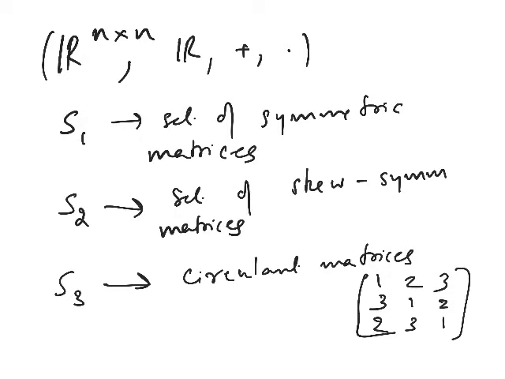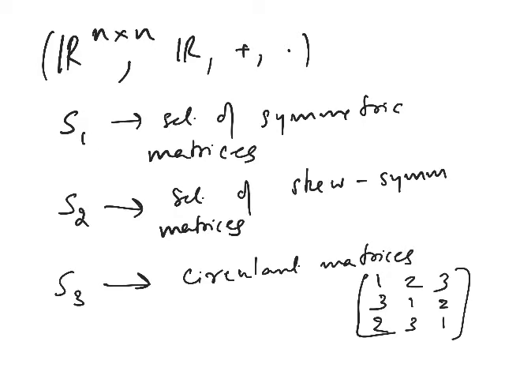So you have to check whether these 3 sets are subspaces. See, these are all square matrices, right? So obviously they are all subsets of R n cross n. What you have to check is, are these subsets subspaces? If they are subspaces, find out the dimension and a basis. For the basis, you can give me the 2 cross 2 case.